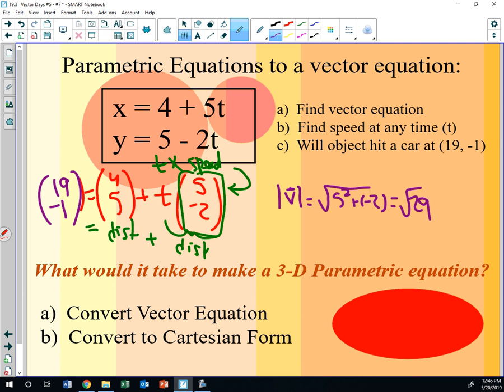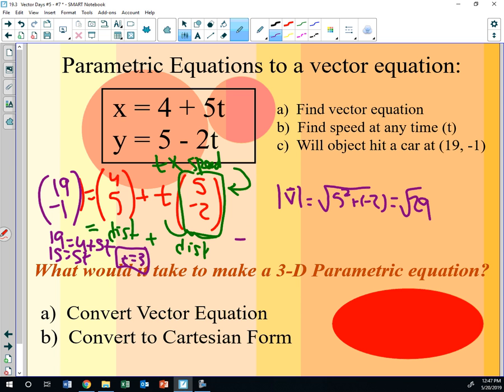So x is 19, y is negative 1. 19 equals 4 plus 5t. What would t have to be to make this work? 3. T would be equal to 3. So it takes 3 seconds for the x's to align. Now is the y early, late, or on time to collide? Let's see.